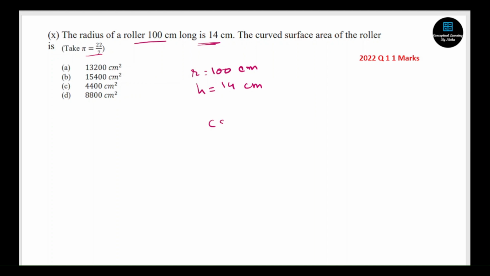And now CSA of cylinder is 2 pi rh, right? Now I can substitute this value. So 2 into 22 over 7 into 100 into 14. And now this is very easy to simplify.